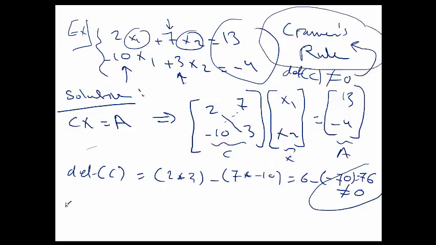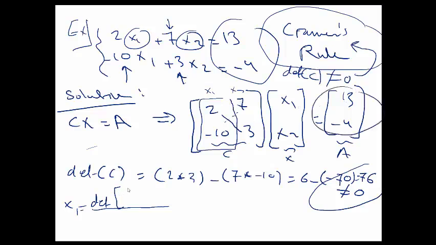Now we want to find x1. x1 equal to the determinant of, for x1, we substitute this first column by the solution, 13 and minus 4, and the remaining column is still 7 and 3, over the determinant of C, which is 76.